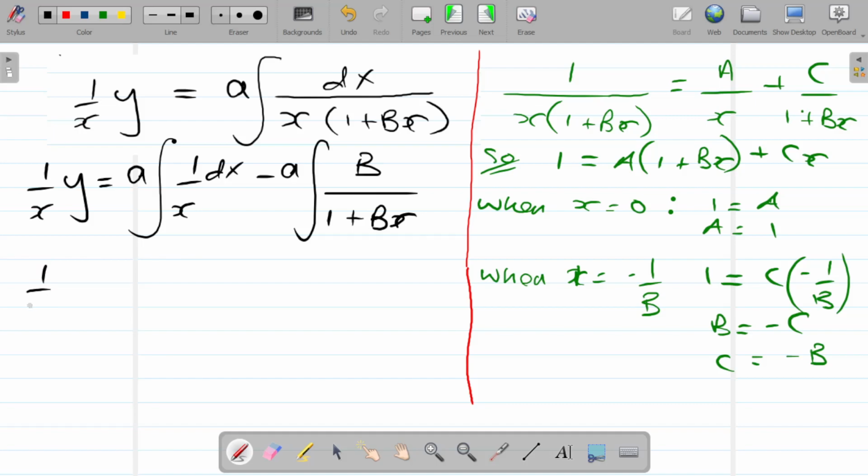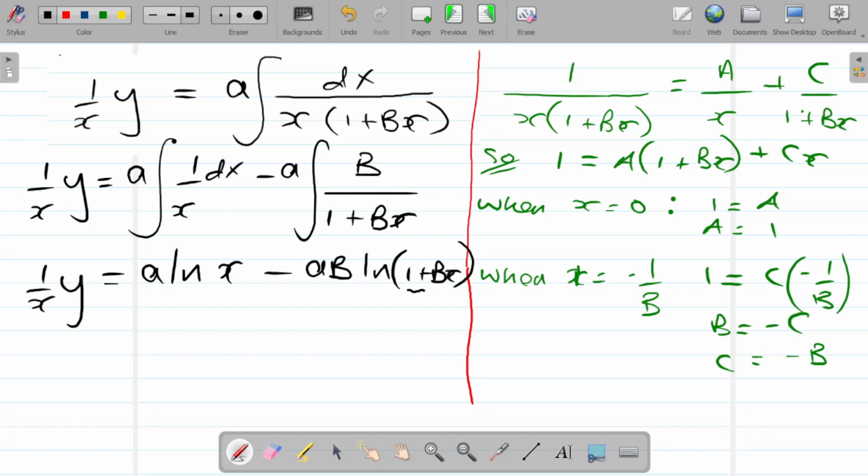So 1 over x y on the left hand side is equal to a log of x on the right minus a b log 1 plus bx, but we have to differentiate what's inside the bracket. So that becomes b. When you differentiate 1 plus bx, it becomes b. And so we divide by b.